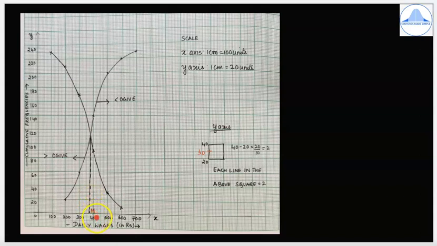And if you observe carefully in your graph, you will find out that the median value is 370. So you can write from the graph, M is equal to 370.